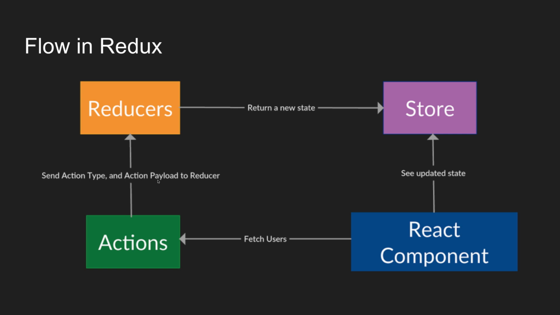So then the reducer is gonna change our state accordingly. So it will set the state of the counter to 5, and it will return the new state to the store. And our React component is gonna see the updated state, and it will show the number 5.